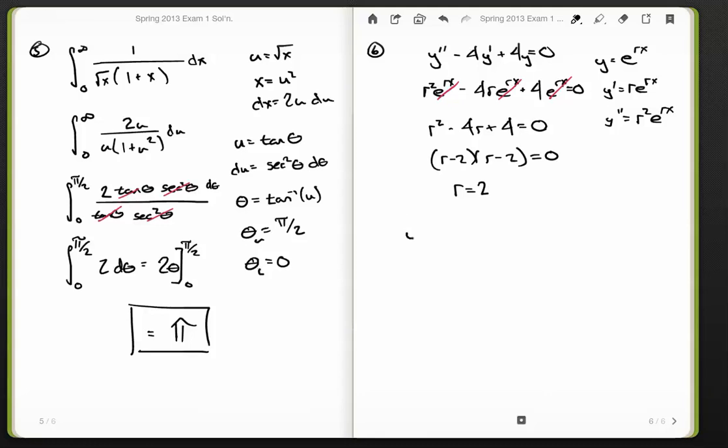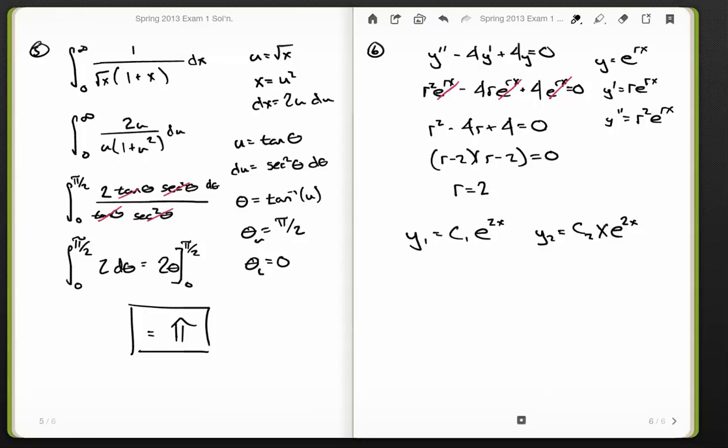So our solution is y1 equals c1 e to the 2x, and my y2 equals c2 x e to the 2x, right? And that's from that table in your book, 17 point whatever.